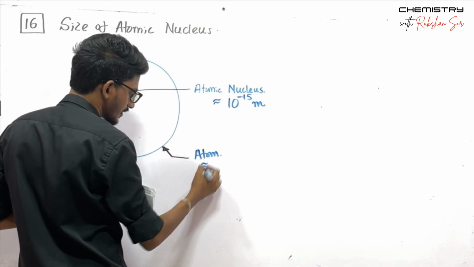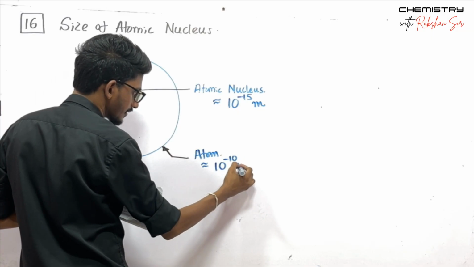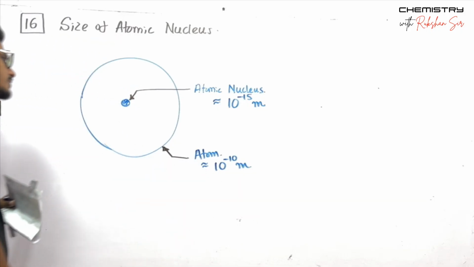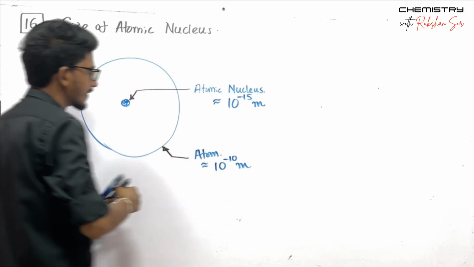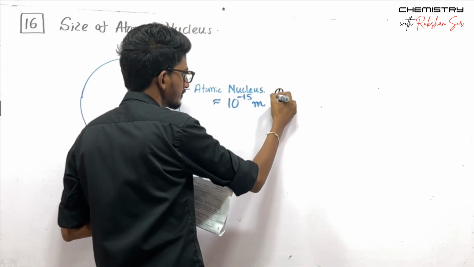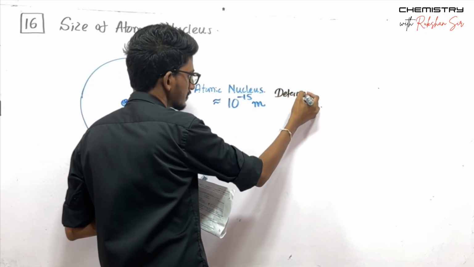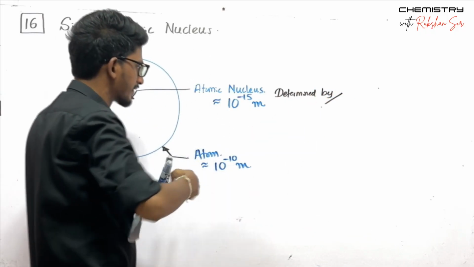Its size is on the order of 10 to the power minus 10 meters. So the size of the nucleus was first determined by the alpha scattering experiment.